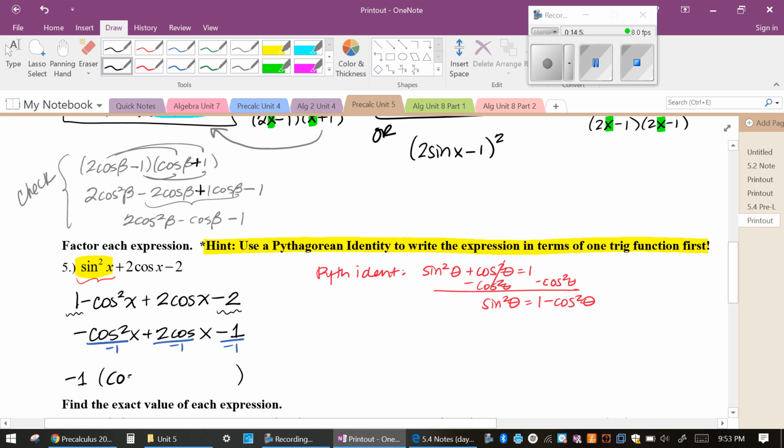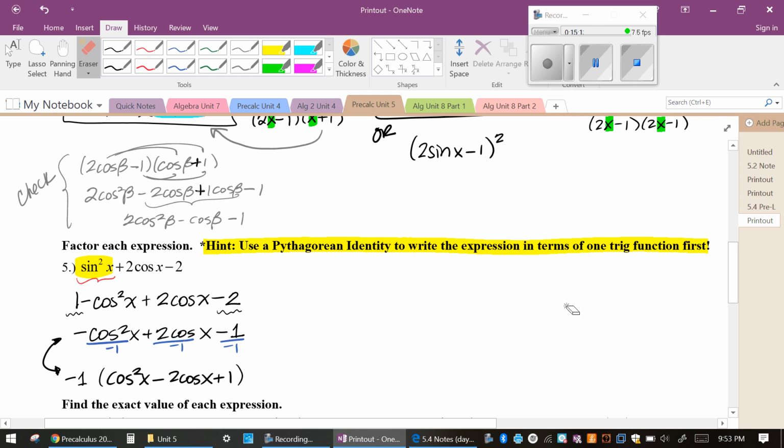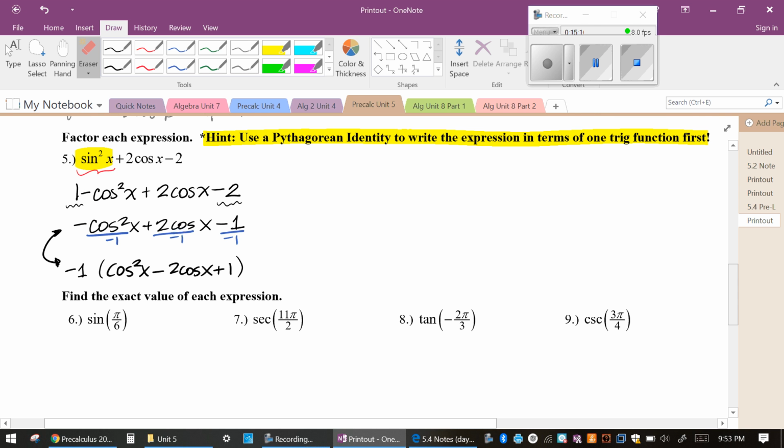That will give me cosine squared x minus 2 cosine of x plus 1 with a negative out in front. So again, these two are equivalent expressions. It's just a factored form. So when you take out a GCF, it can't disappear. Remember, I don't want math magicians, I want mathematicians. So the negative 1 is still there.